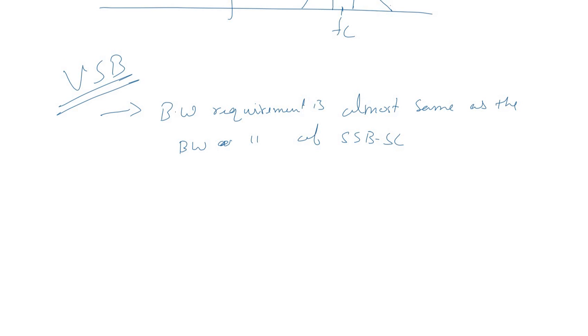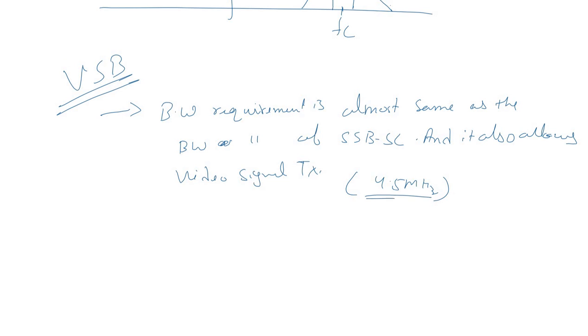Hence, we can say it is an equally bandwidth efficient scheme, and it also allows video signal transmission, which was not allowed in case of the SSB-SC signal, because the video signal transmission frequency range is 4.5 megahertz. The frequency component present is up to 4.5 megahertz, and there is no guard band between the two sidebands, right?